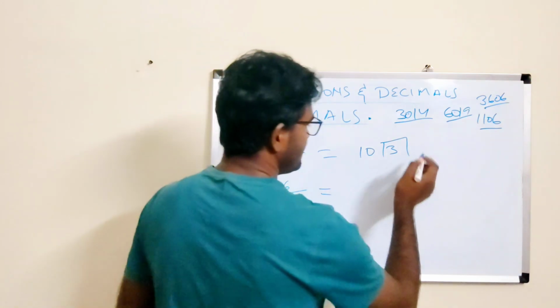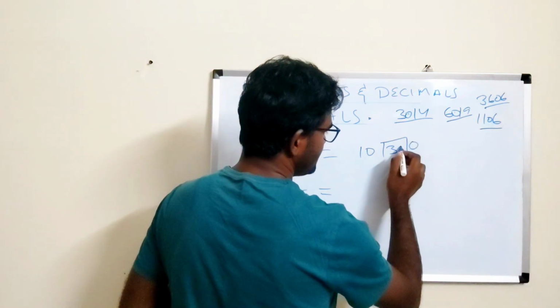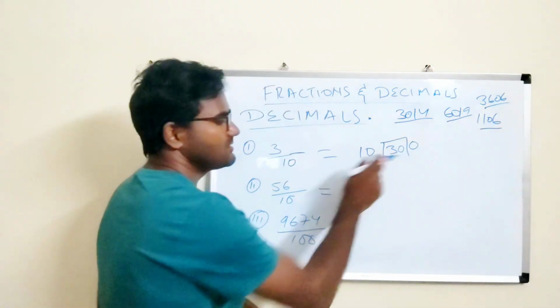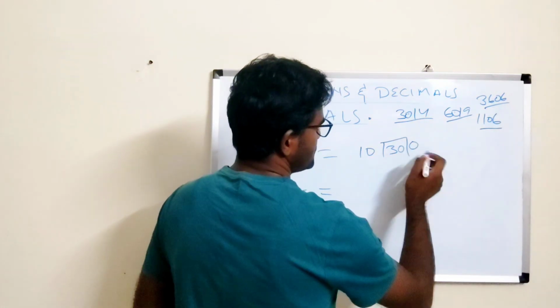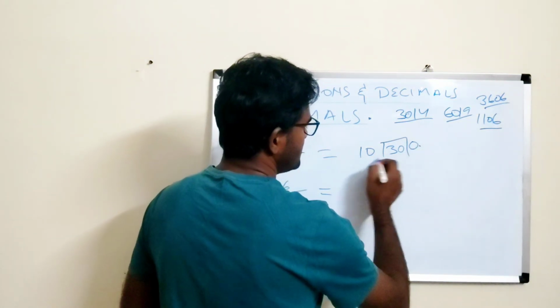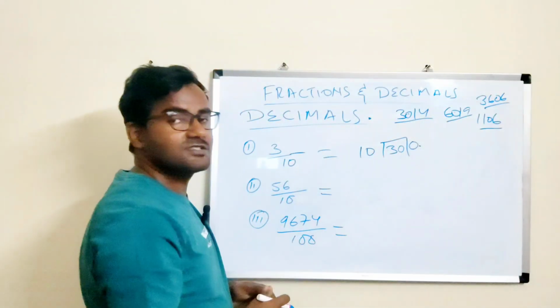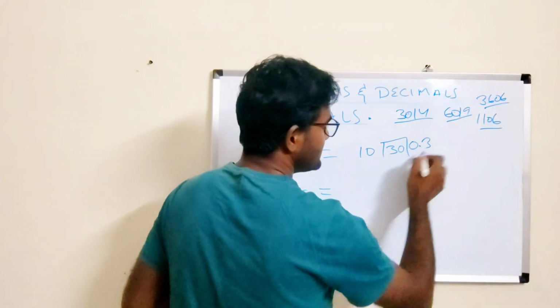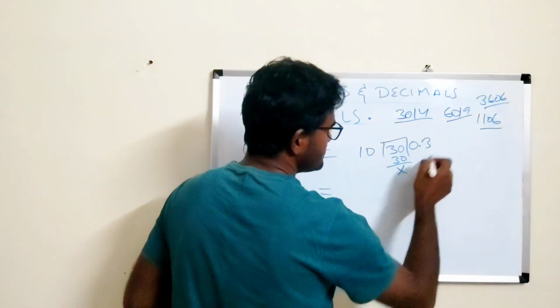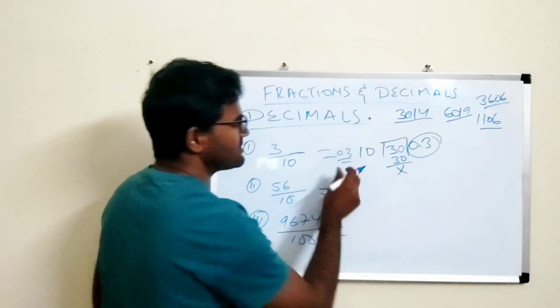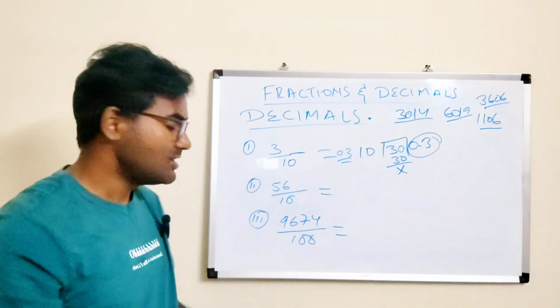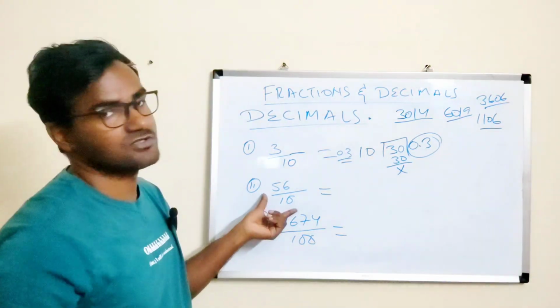No. So we will take a 0 and put 1 0 here, 0 point, right? Now, 10 into how much is 30? 10 into 3 is 30, right? So this is solved. So what did you get? You get 0.3. So this is your decimal number, yes or no? Similarly, we will do this one also.